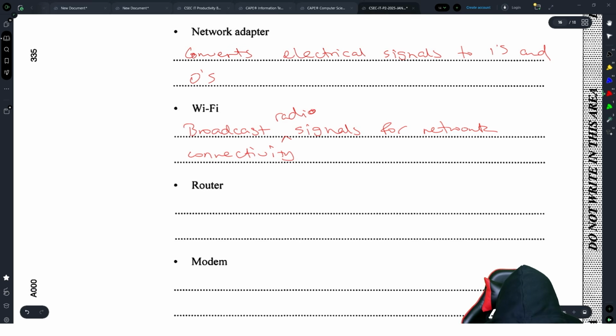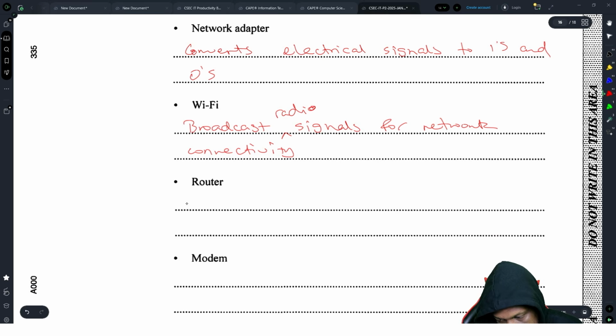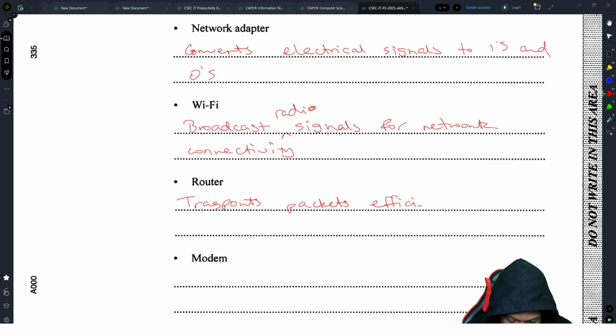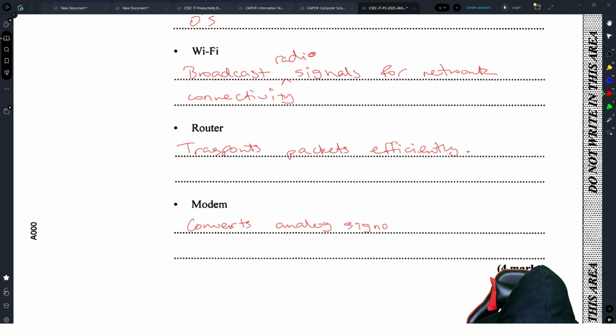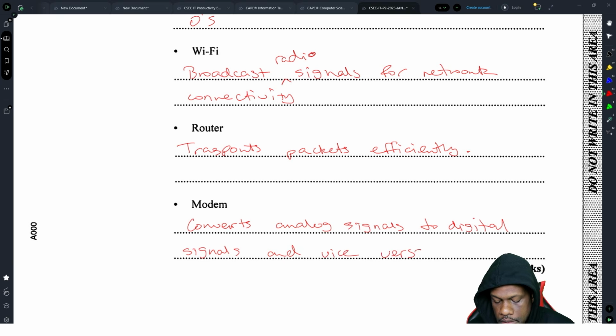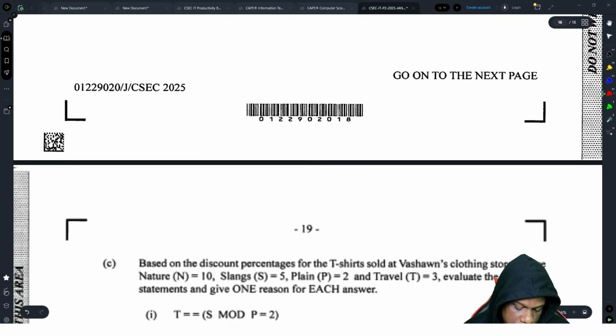A router transports packets efficiently. Generally speaking, a modem, what does a modem do? Converts analog signals to digital signals, and vice versa. If you say vice versa, I won't judge you.